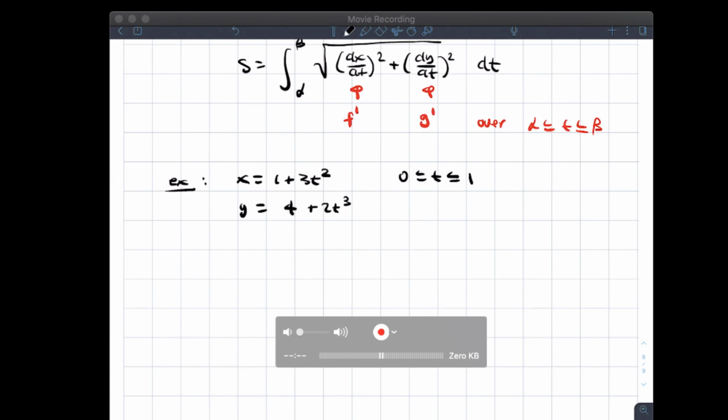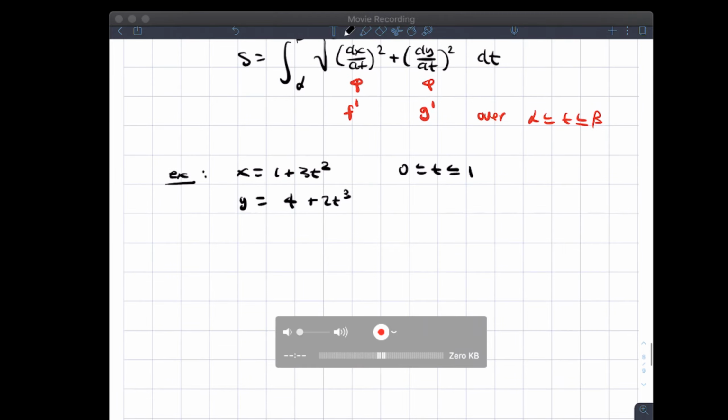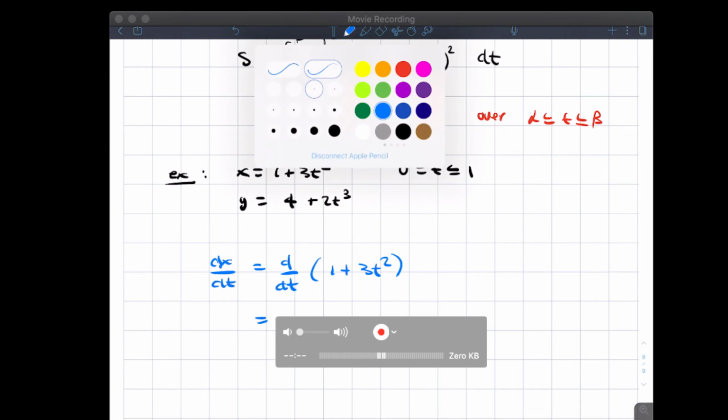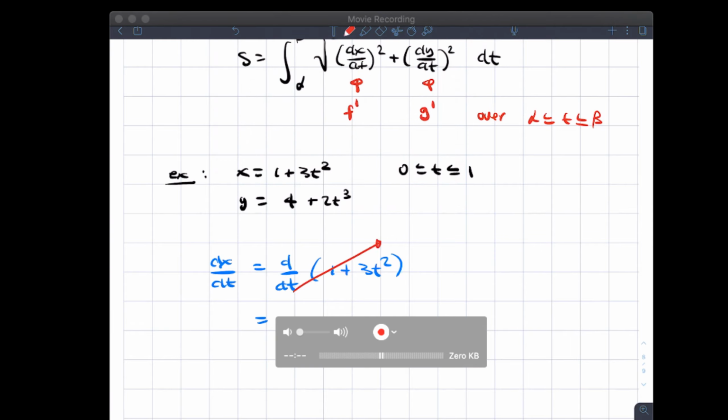So in order to use the arc length formula again, you really need the derivatives, right? You need dx/dt, which is d/dt of 1 plus 3t squared, and we know by properties of derivatives this becomes 6t. Okay, so this is dx/dt.